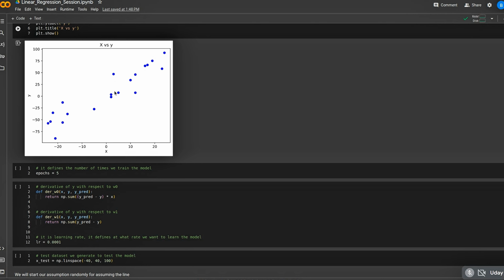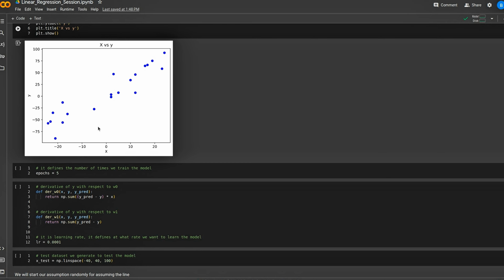The plot I'm showing you currently is a random plot. You can see that X is the number of bedrooms and Y is the price, and the general trend is that as the number of bedrooms increases, the price also increases.